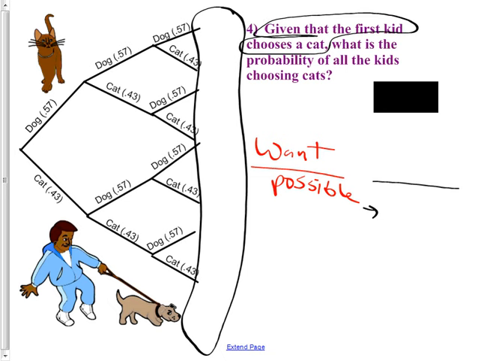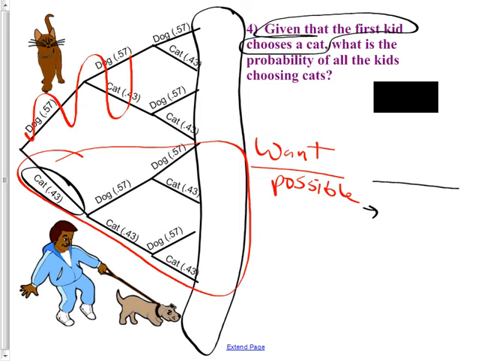First kid choosing a cat is right here. Do you get that only this part of the chart right here is even possible anymore, and the rest of it, I can't use those numbers anymore? Because given that the first kid chose a cat forces me to have only these things possible.